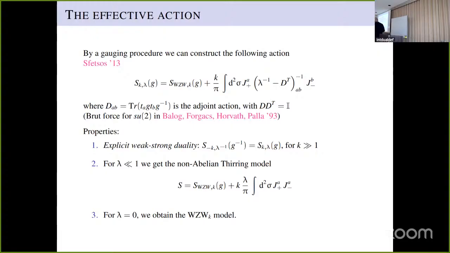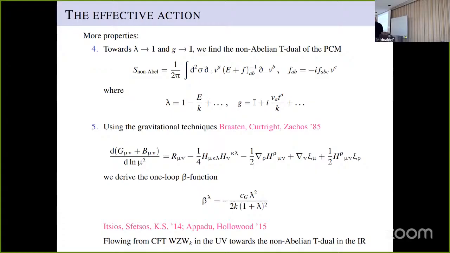So starting from this point, in this work, we extended previous works by Friedan, and what they found is that the one-loop beta function of this generic model takes this form here. In terms of R_mu_nu, the Ricci tensor of this metric, and H, the field strength corresponding to B_mu_nu here.